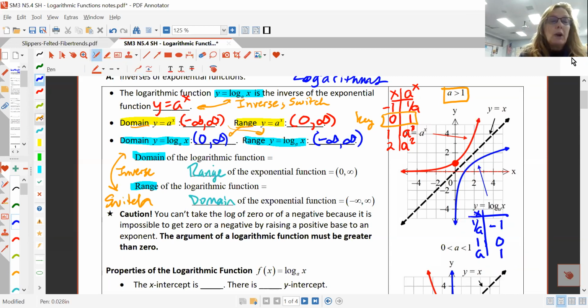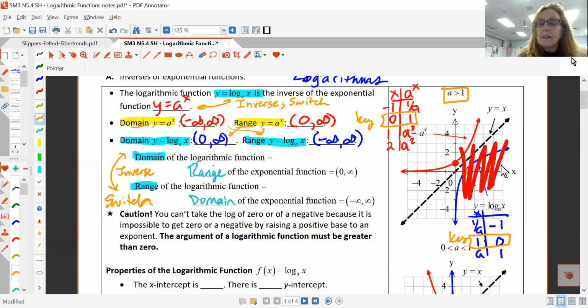Okay, where I am, my key point, is right here. So instead of being at 0, 1, it is at 1, 0. All right, and notice that basically the logarithmic graph only exists over on this side of the y-axis.